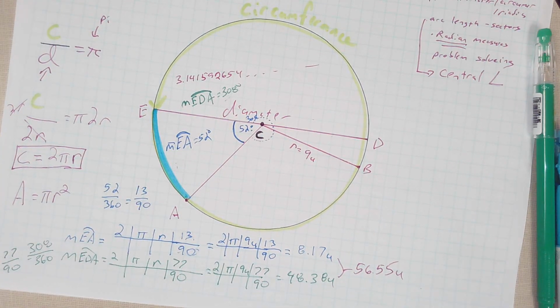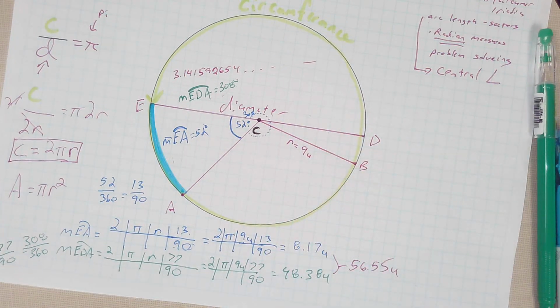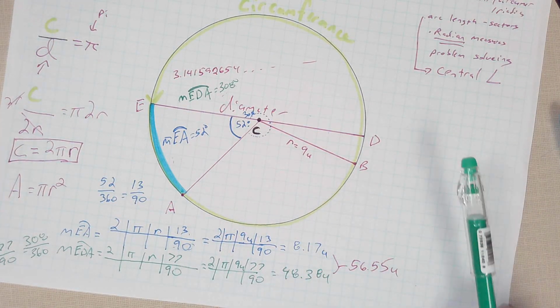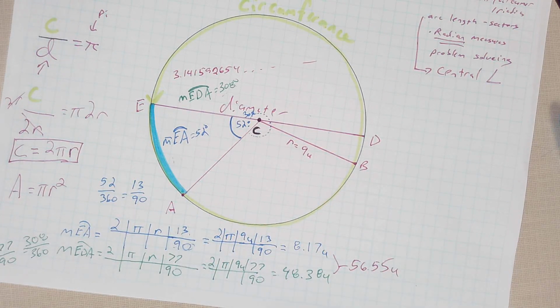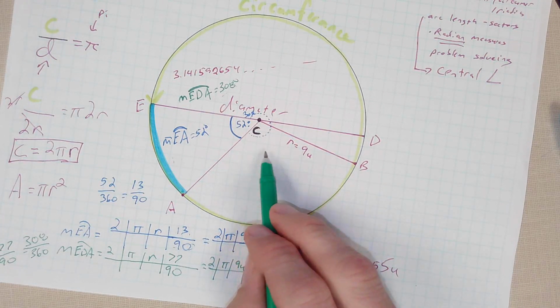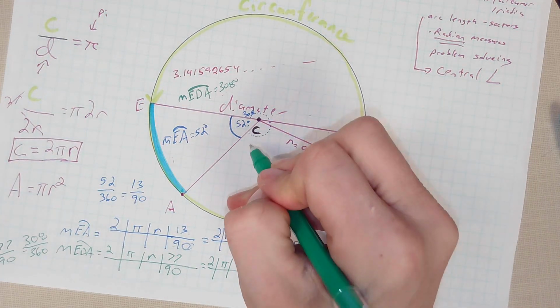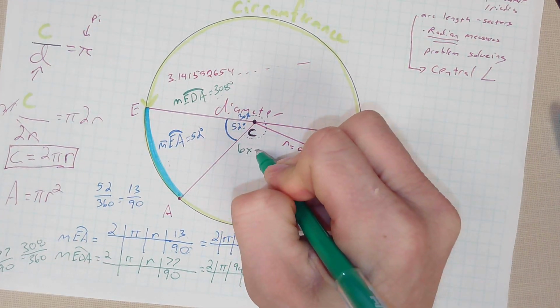Now, say for instance we are doing something a little different. We are trying to determine these values, but we're only given some variables. We're trying to solve for the variables and then solve for the actual angles. So let's say we have angle measure AB, and we'll say this is 6x minus 9.